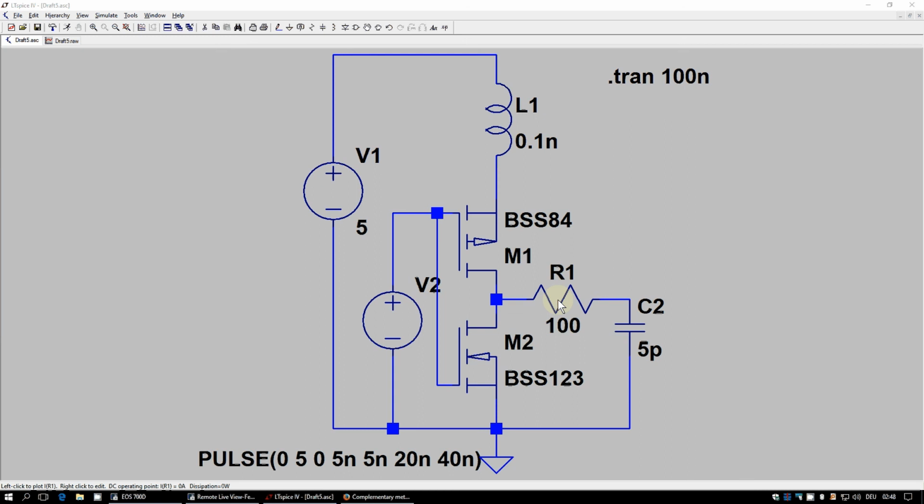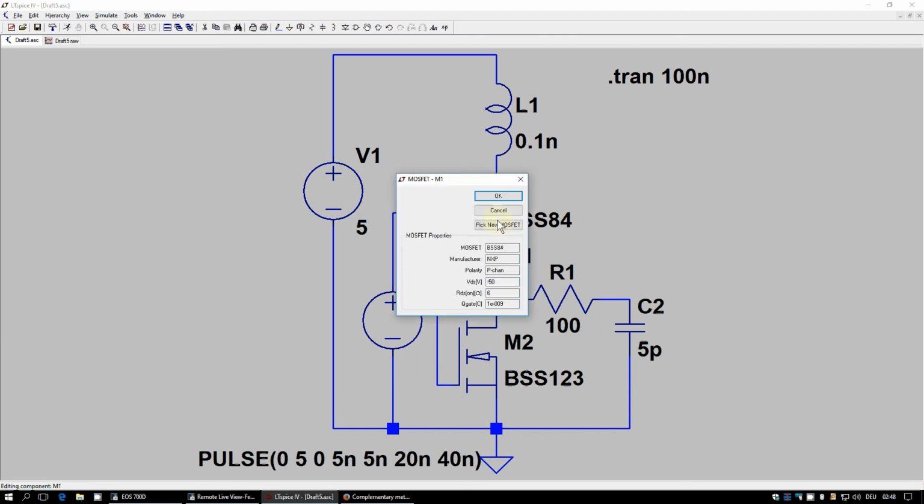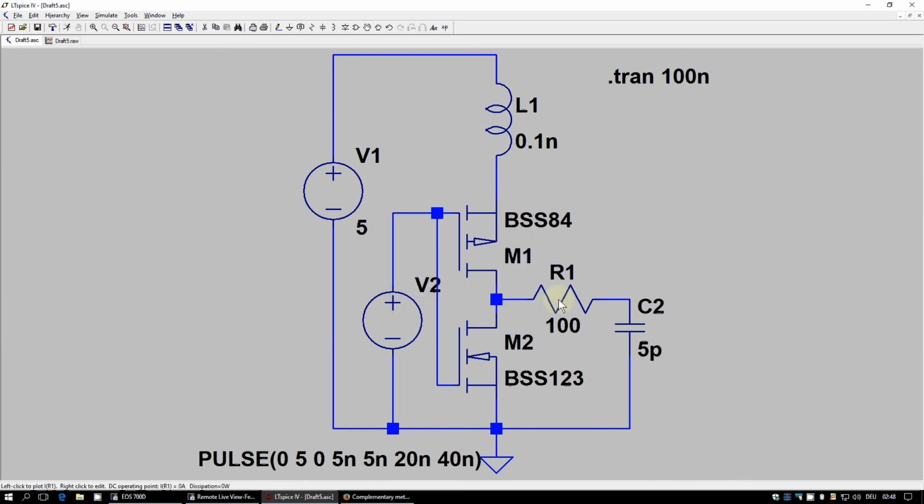We have our 100 ohm RDS on output resistance. We could also, in theory, put this directly in the model of the MOSFET, but to make it clearer and to be able to measure the current through the output resistance, we'll just make it external.